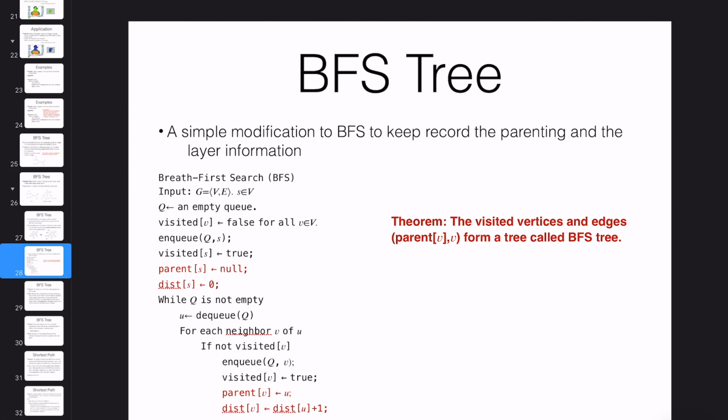Because in the original BFS algorithm that I showed you, we didn't keep the edges, right? So we need to keep them somewhere. How to create a tree? We can update the previous algorithm by just creating one more array, that array is going to keep track of the edges that we covered.